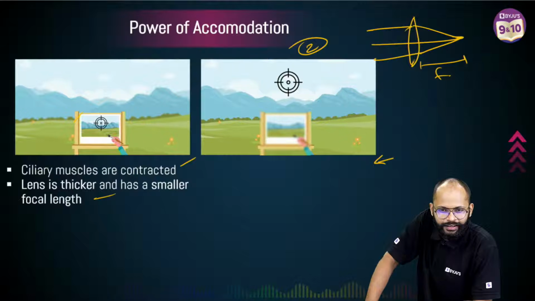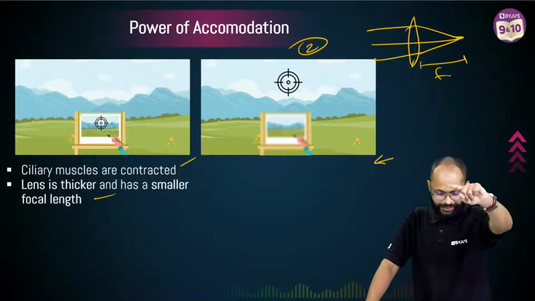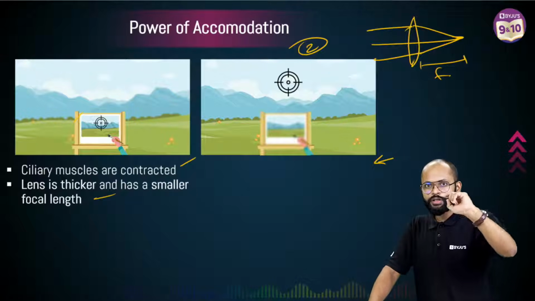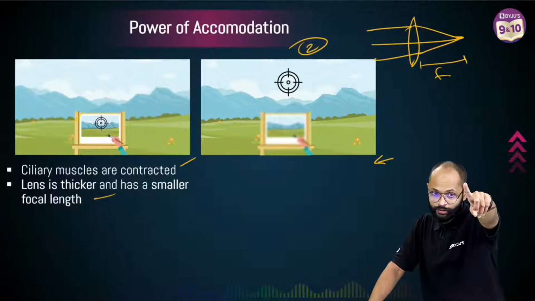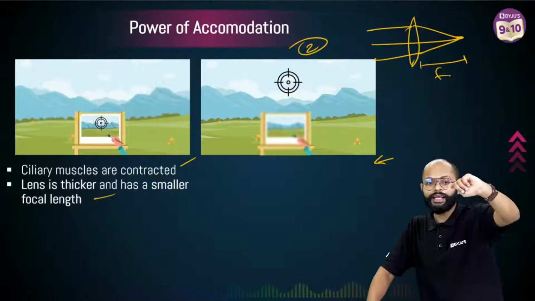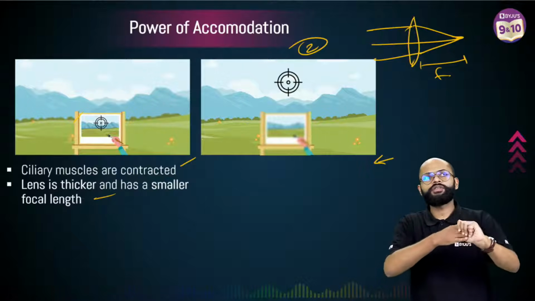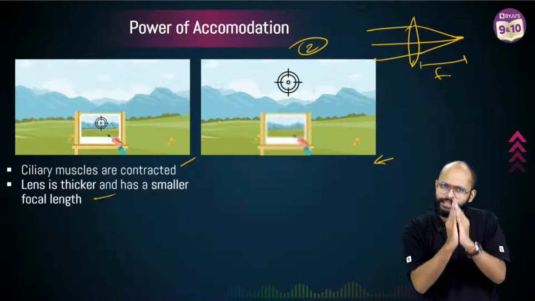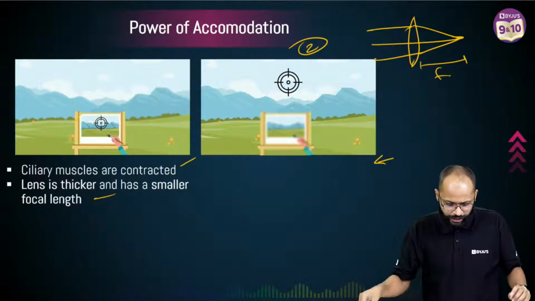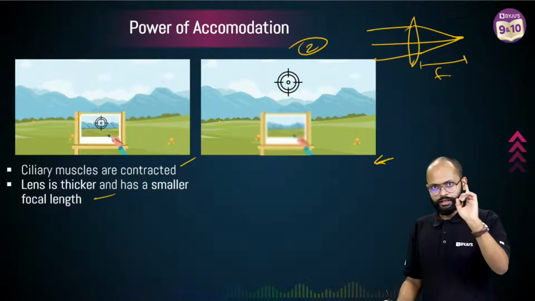Correct. Relaxed. So now you are watching a far object. When you are watching an object which is far from you, the eye lens is thin. It is relaxed, so the ciliary muscles are relaxed.